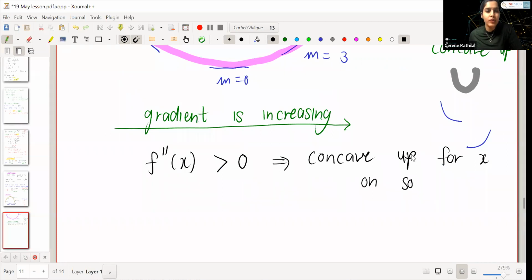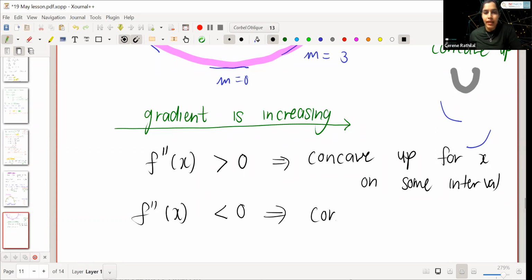So you would be able to see for which x values the function is concave up. And when the derivative of the gradient, meaning the second derivative of f, is negative, then we regard this as concave down.